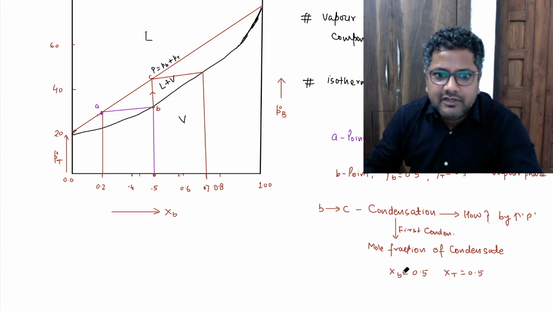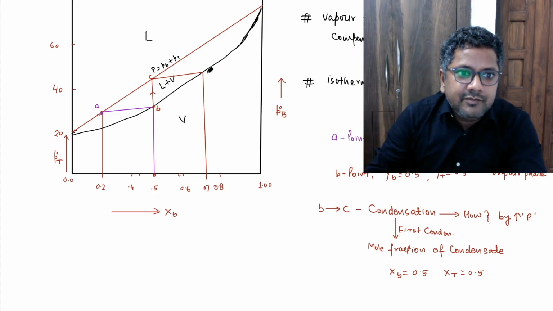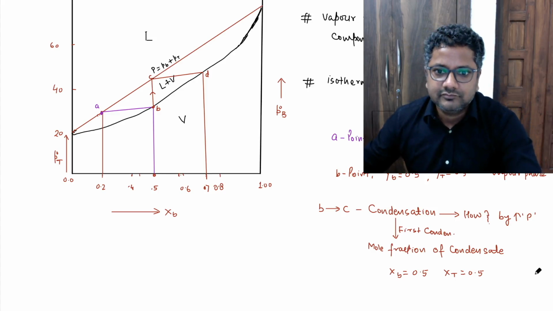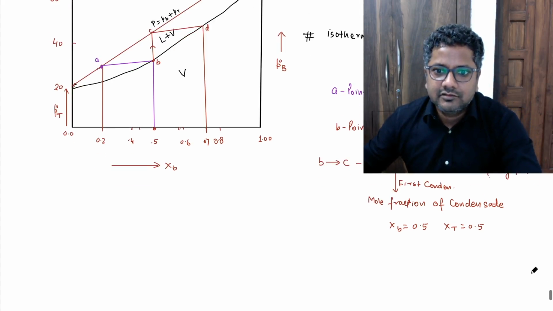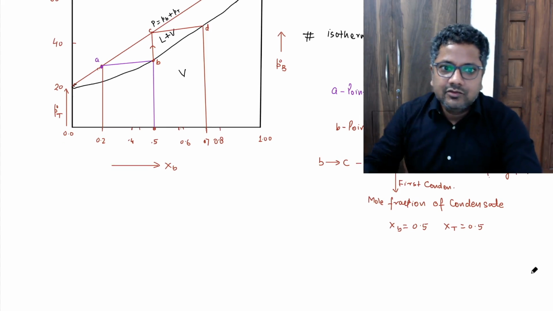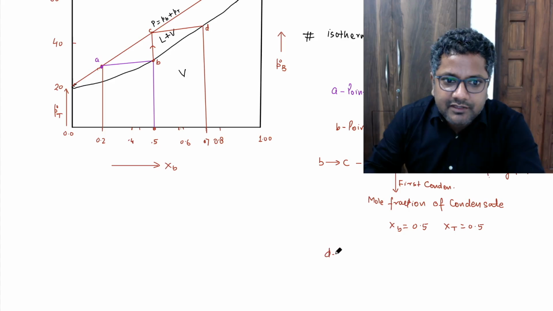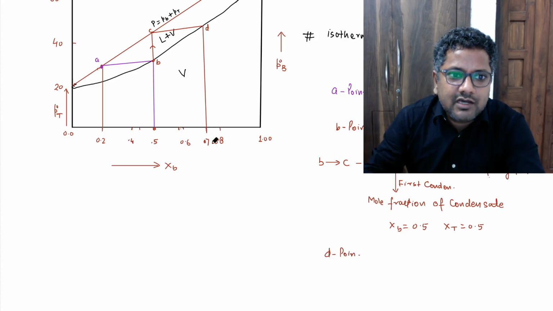So now this is C to D point. At D point, what is the mole fraction of benzene?